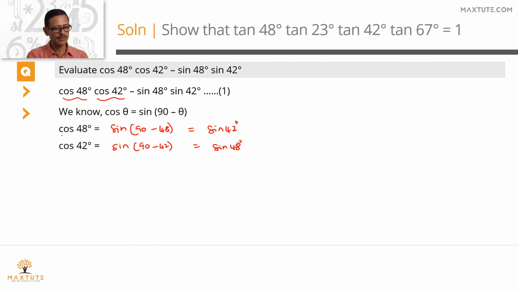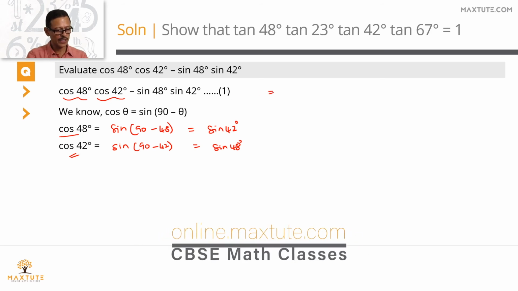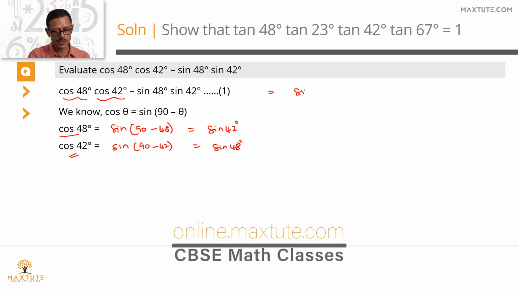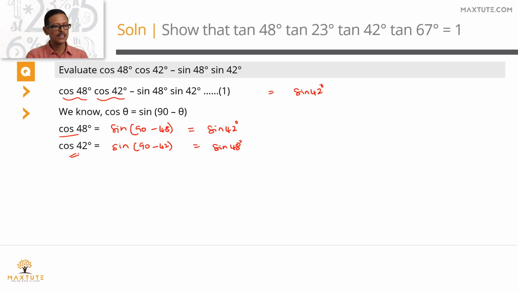So next step, we're going to be replacing cos 48 as sin 42 and cos 42 as sin 48. Cos 48 is equal to sin 42. Cos 42 is a sin 48. So the left part we have written this way, minus sin 48 into sin 42. Both of these are the same, so the resulting value is equal to 0.